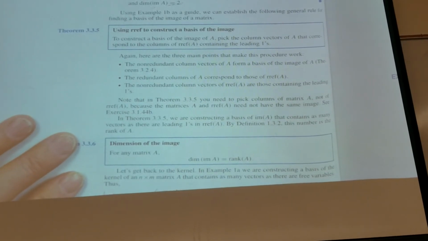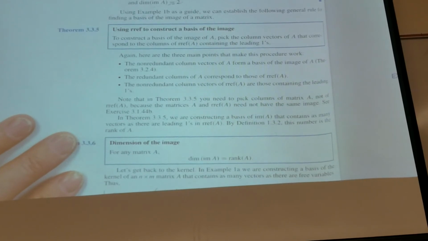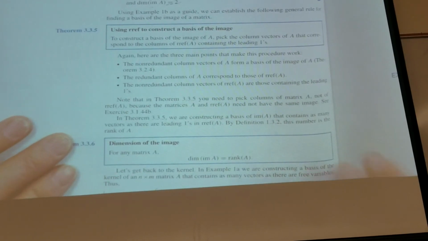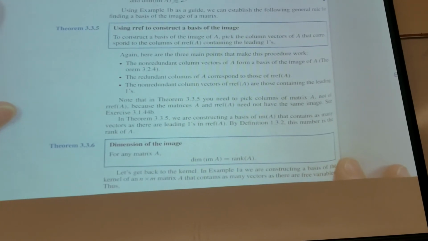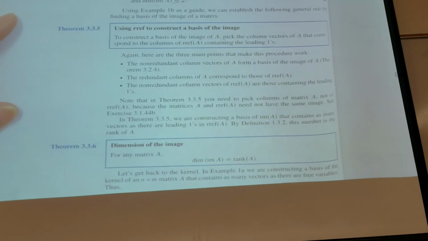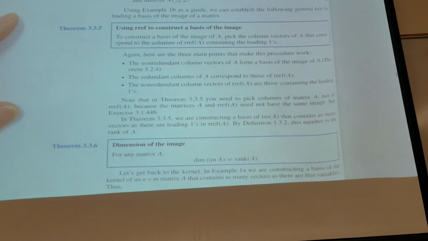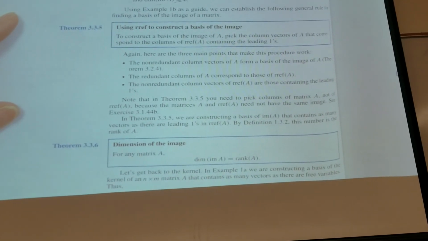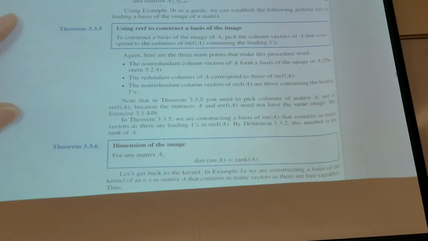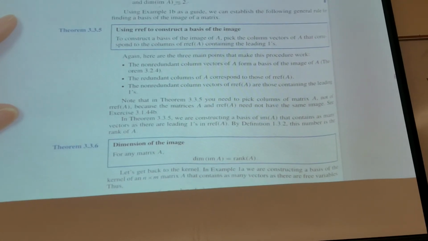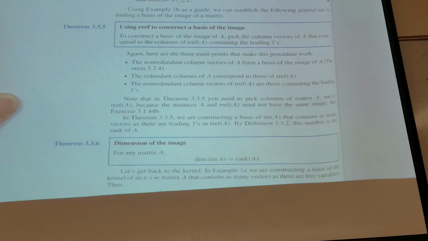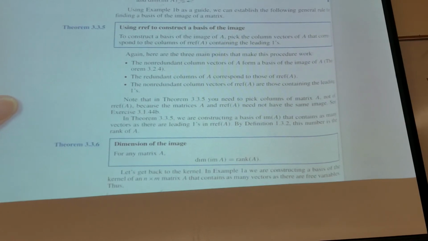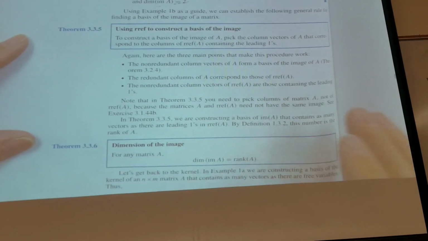That's Gauss-Jordan elimination. So you go to RREF of A, find the redundant ones, delete them, and the remaining ones are, say, B1 and B3. You turn around and go back to A, and use A1 and A3 instead of B1 and B3. So you find yourself a basis.